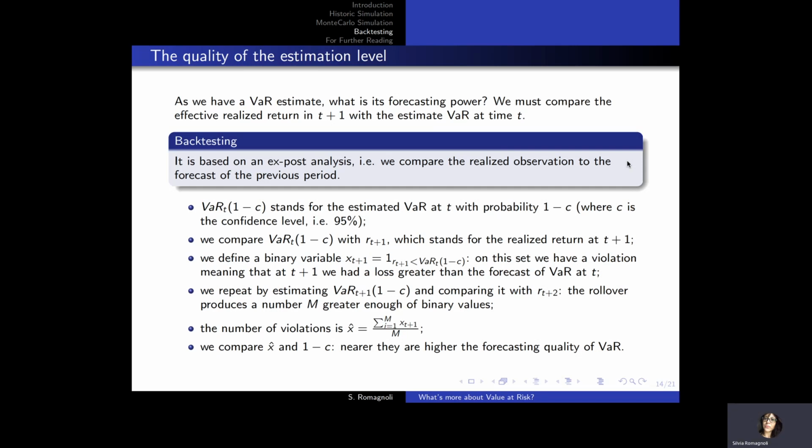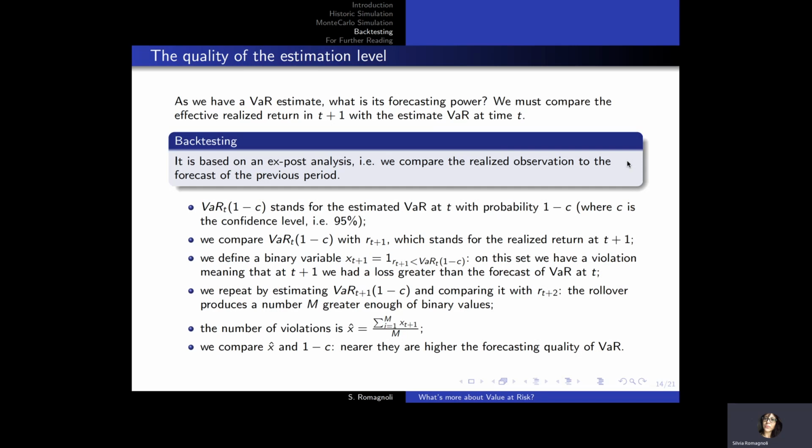On this set, we have a violation, meaning that at time t plus 1, we had a loss greater than the forecast of the value at time t. That is to say, the value at risk in this case failed in its purpose.